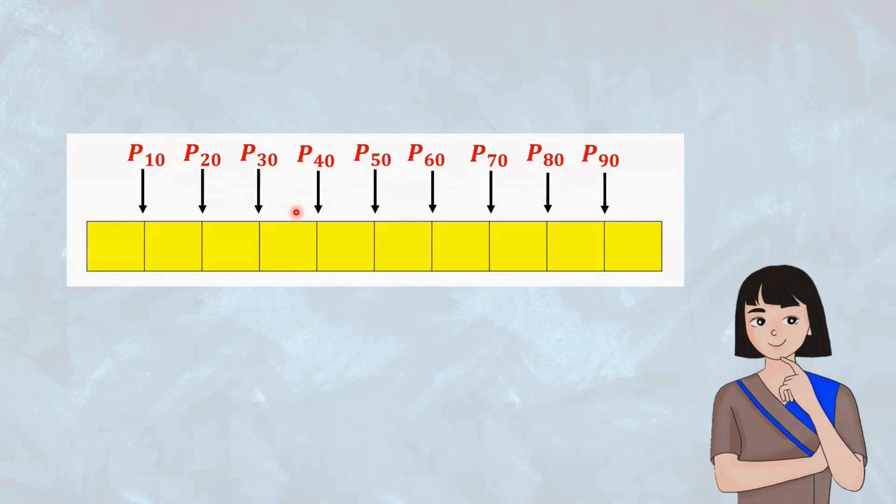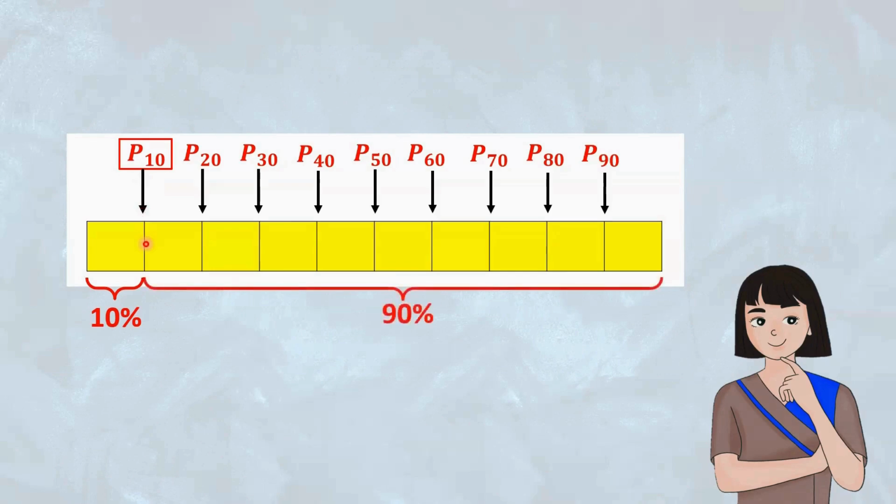So if a score falls on percentile 10, it means that 10% of the distribution is less than or equal to that score, and the remaining 90% of the distribution is greater than or equal to the percentile 10 score.